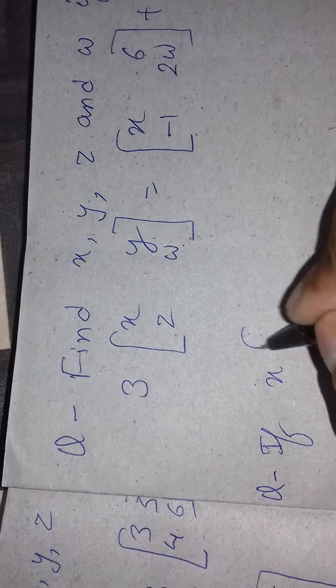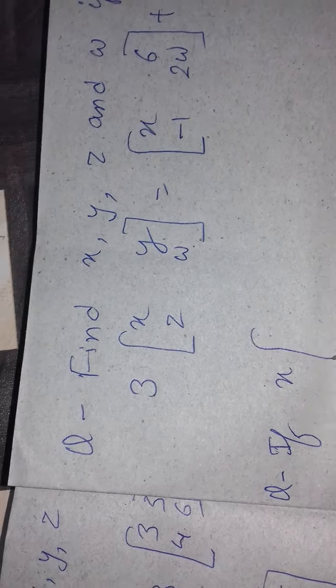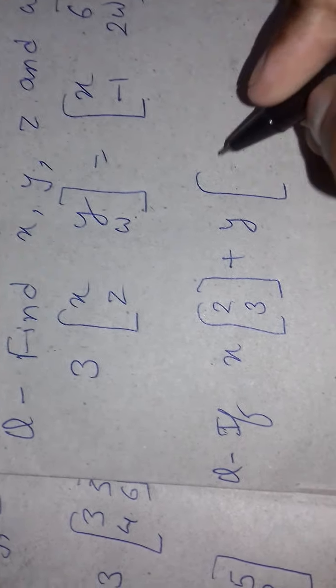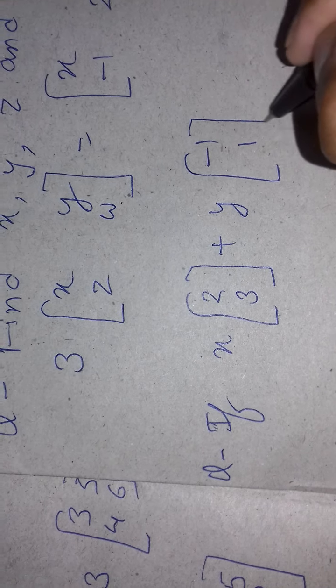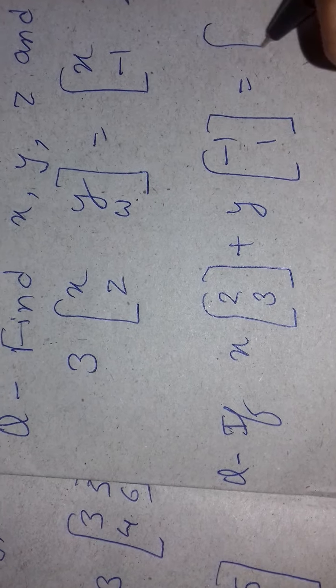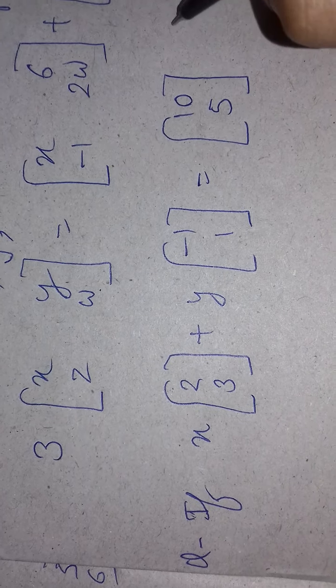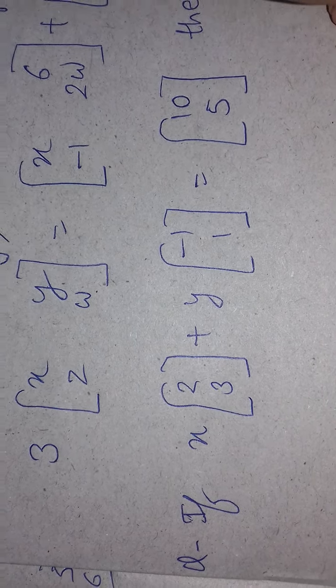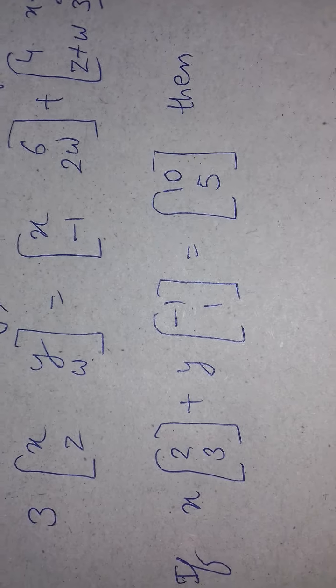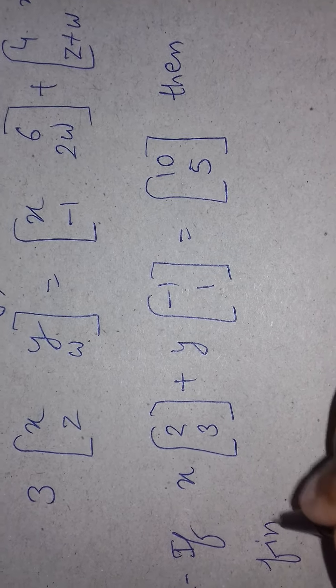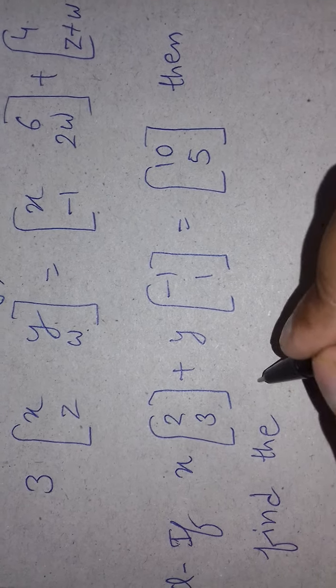If x into [2 3] plus y into [minus 1 1] is equal to [10 5], then find the values of x and y.